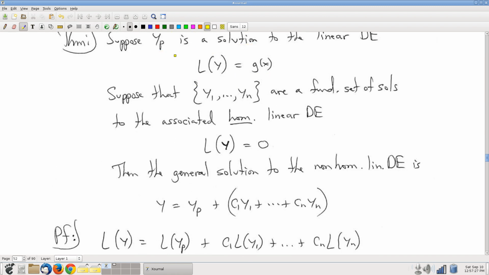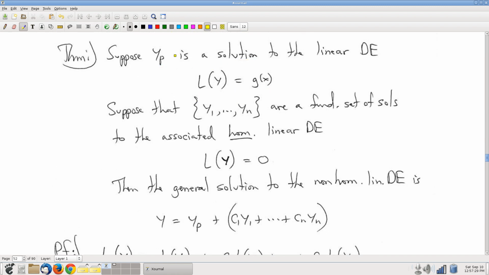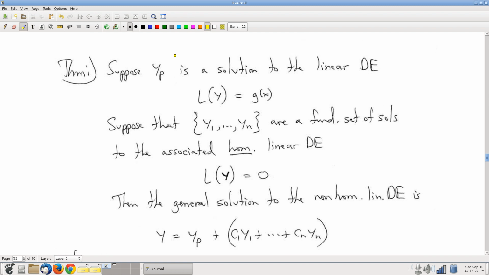Now, this theorem is very similar to the theorem that we saw back in Chapter 1.